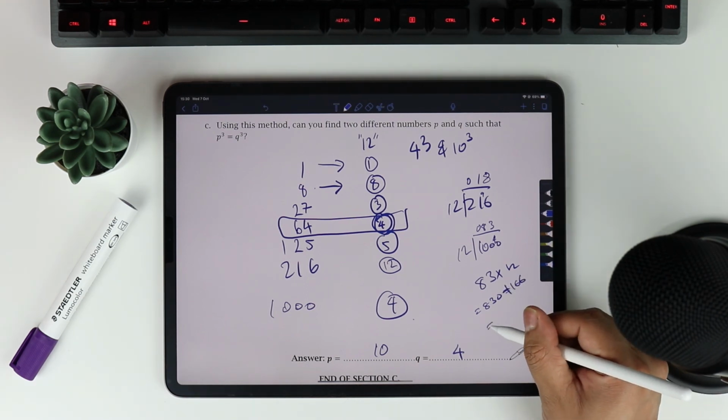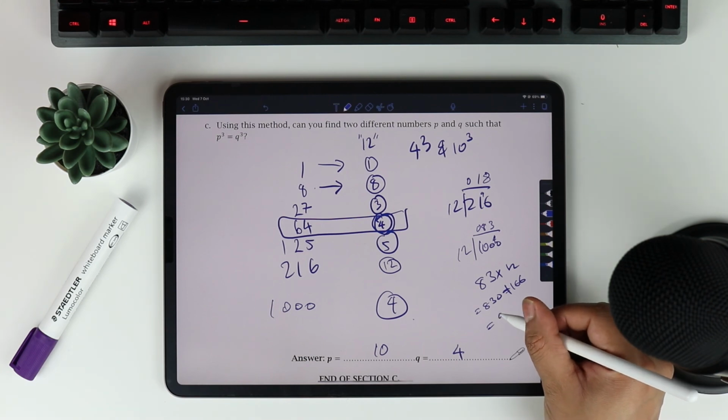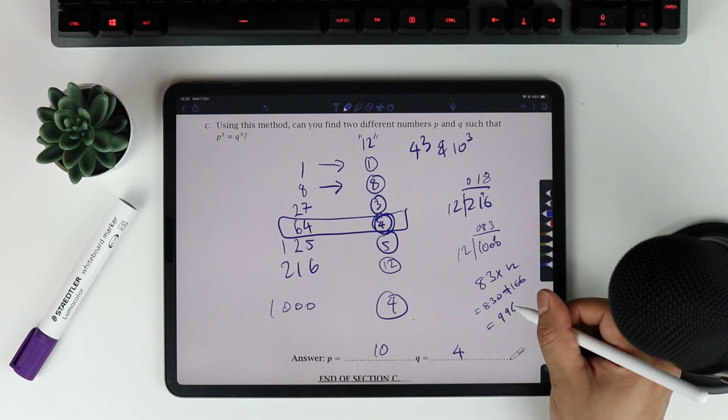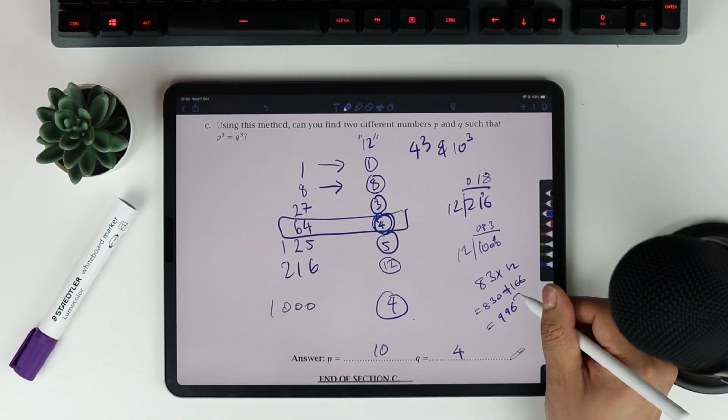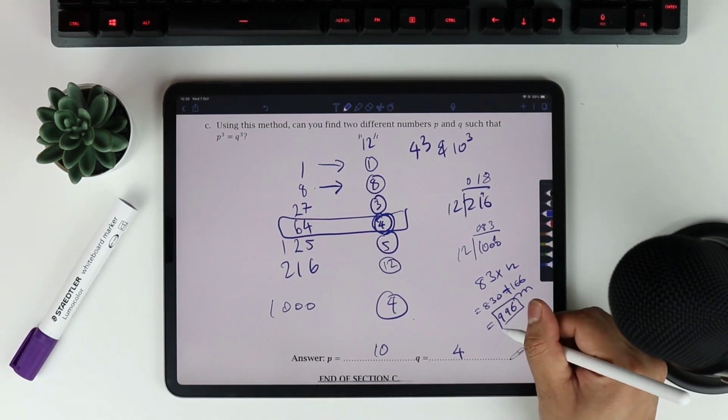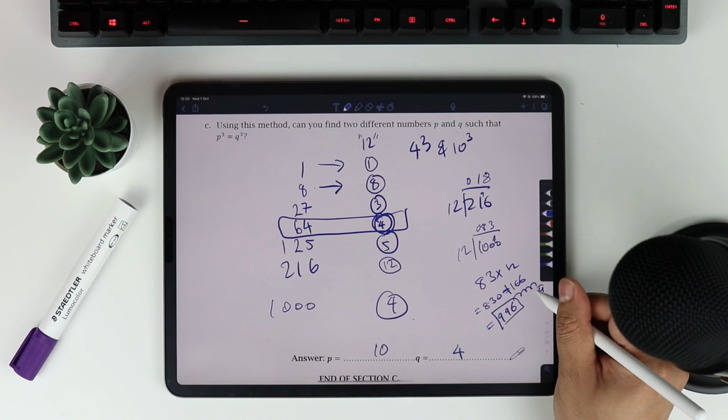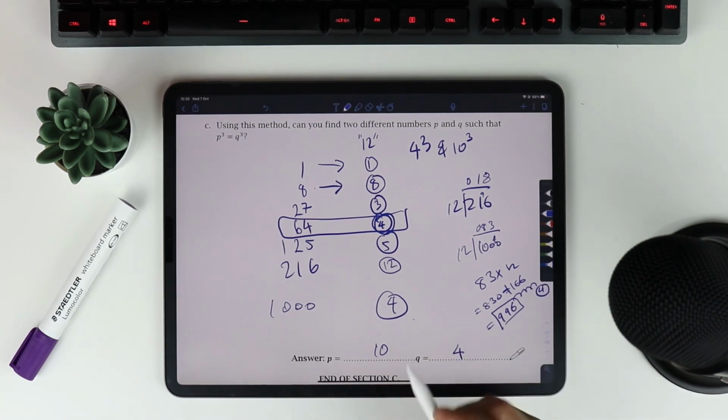When you add that together, you get 996. And then there's 4 more jumps. So that would make it 12. And you've got 4 more jumps to get to 4. And that's how you can work that out.